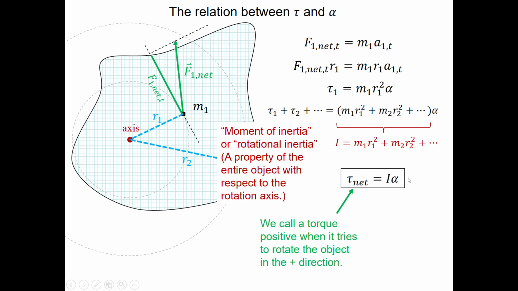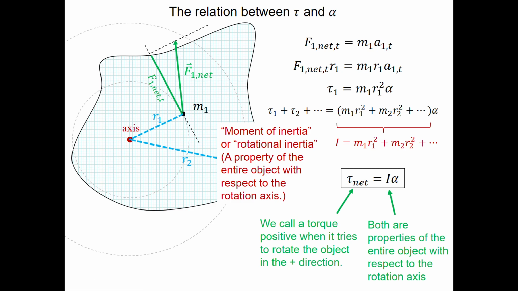Or if it's slowing down in the negative rotation direction, that's also a positive alpha. And both of these things on the right-hand side are properties of the entire object with respect to the rotation axis. In other words, how fast it's angularly accelerating is not a property of a point on the object, but rather of the object as a whole. And how much rotational inertia it has is a property of the object with respect to the axis.